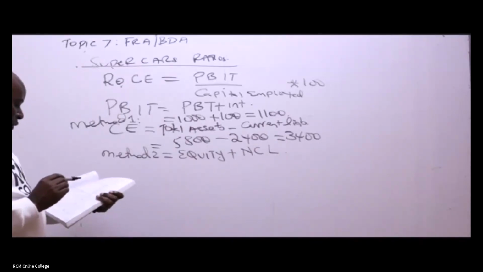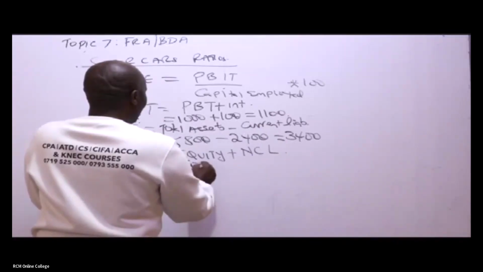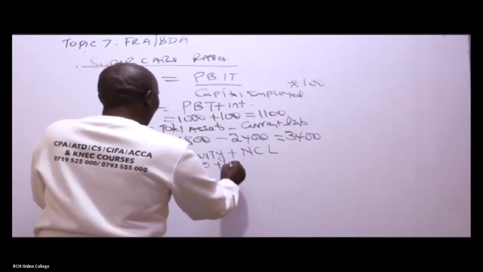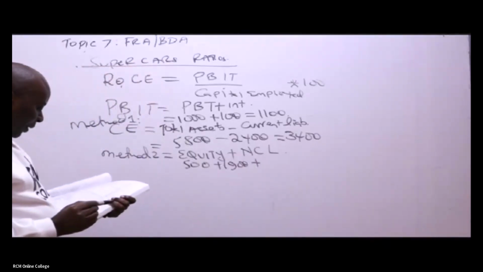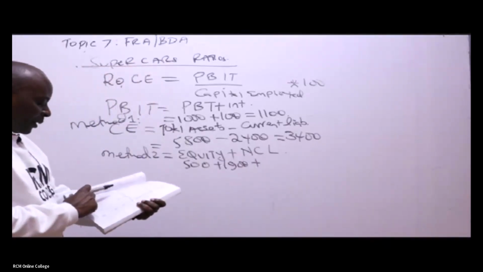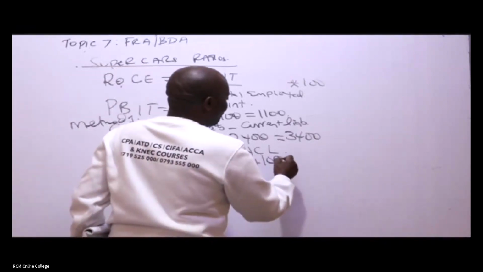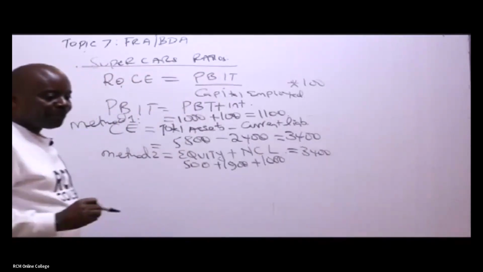We have ordinary share capital 500, and retained earnings 1,900. That is all. Then you go to the non-current liabilities, where you are able to see 8% debentures of 1,000. Are you able to confirm that this will give us 3,400?